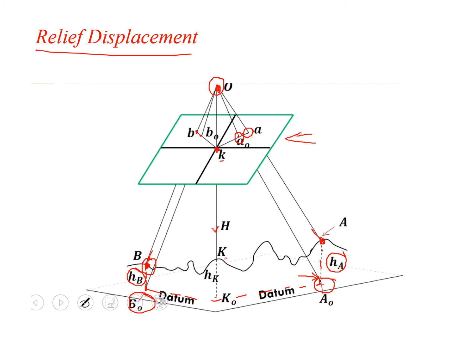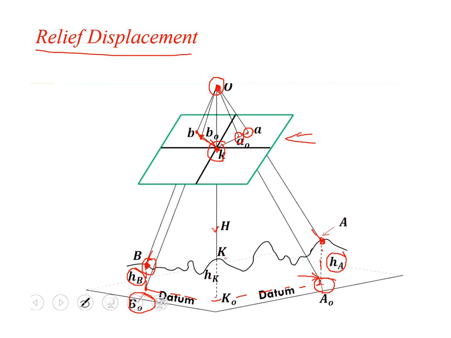So this is the point on your photograph, and this small b0 is for your datum point. So corresponding points, all the 4 points we have drawn. Now you know this is the K point, your principal point as well as the center of your fiducial edges. From this, if I join, definitely it will pass through both the points B and B0. Similarly, if I draw from this A, okay, right?